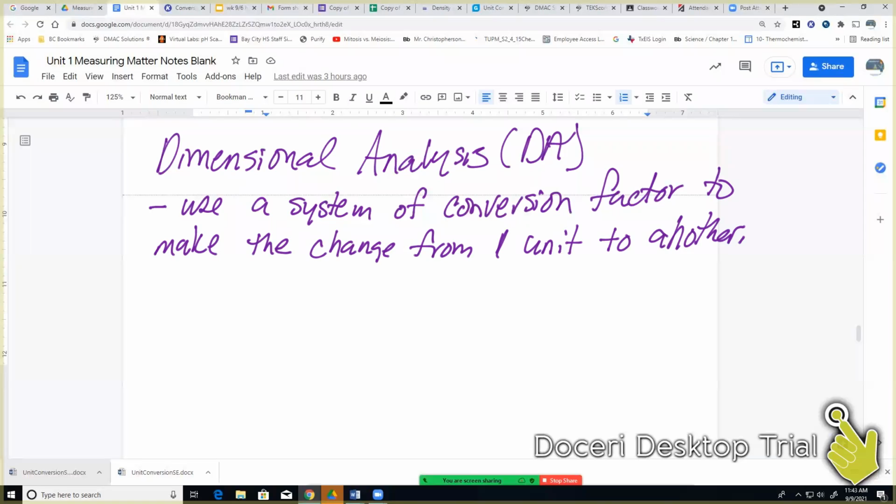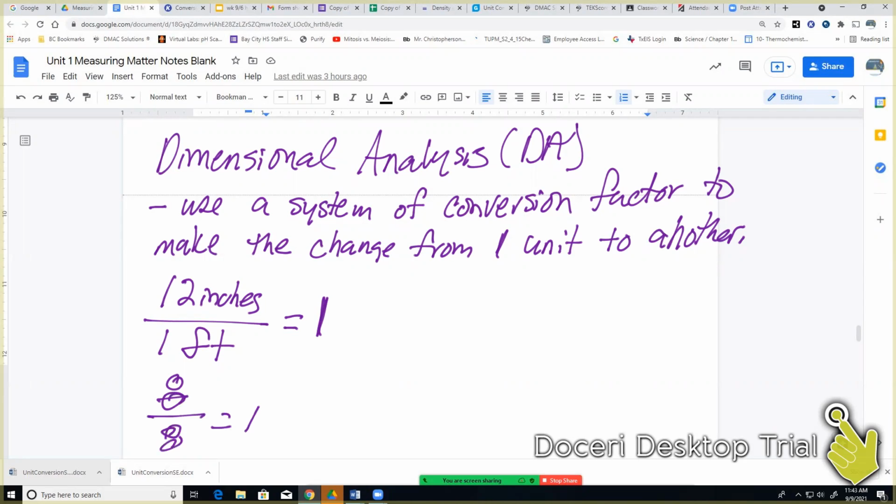So we know that there are 12 inches in 1 foot. Probably most of us know that better than how many meters are in a hectometer. And this is considered a conversion factor because it's equal to 1, just like 8/8 is equal to 1.